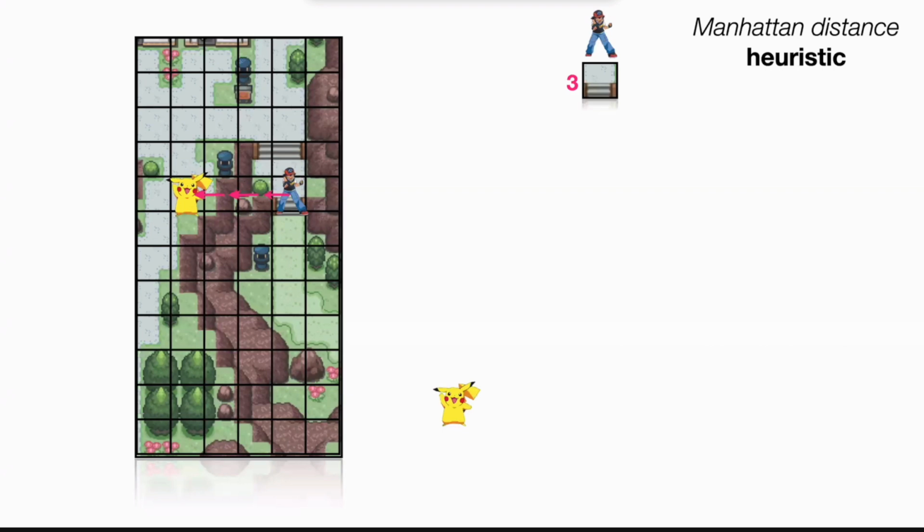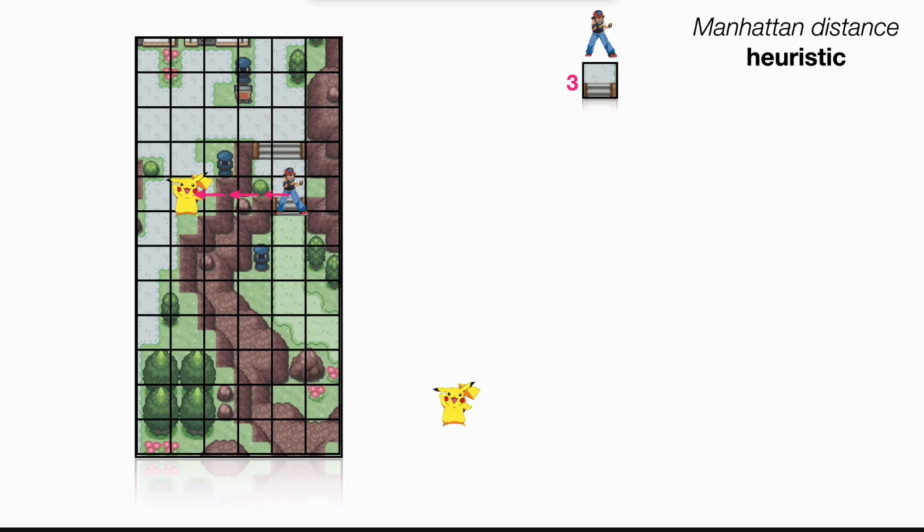Here we use something called city block distance or Manhattan distance. The Manhattan distance just looks horizontally and vertically and counts the distance in terms of grid cells. We assume the world is divided into a grid, and the Manhattan distance is just the straight line distance in the grid.